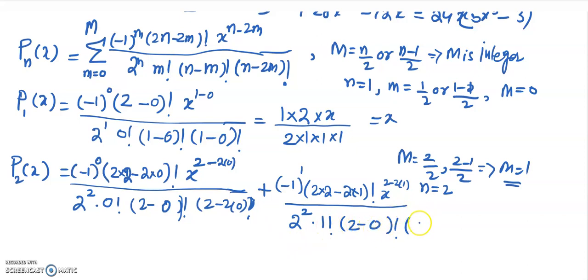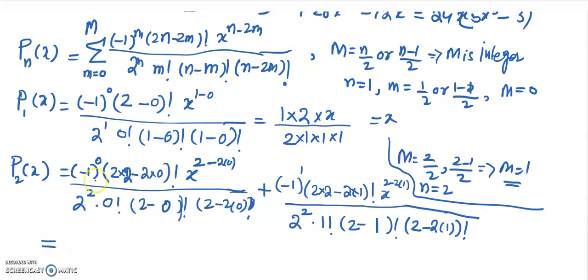0, and then it will be 2 minus 2 into 1, so m was 1 here, okay, m was 1 here. Now the value of m is 1. Yeah, so now it is a factorial over here, okay.